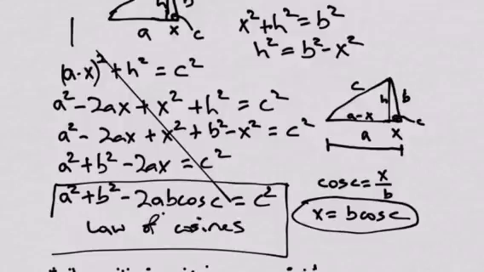It's not a super easy proof, but it's not evident. Certainly if you've done it before, it's easy to do it again, or to derive it. Basically, for most people, you're better off just memorizing the formula. It's very close to the Pythagorean theorem, c squared equals a squared plus b squared. You've just got this thing that kind of looks like a middle term, in my opinion. That negative 2ab cosine C kind of reminds me of a middle term. Otherwise, it's the Pythagorean theorem. C squared equals a squared plus b squared.